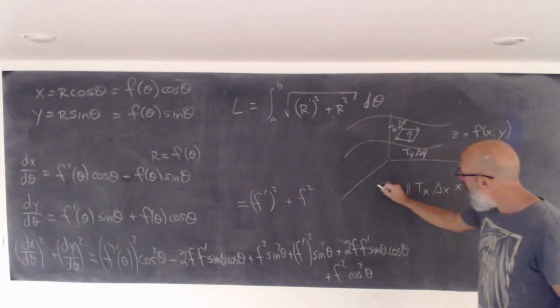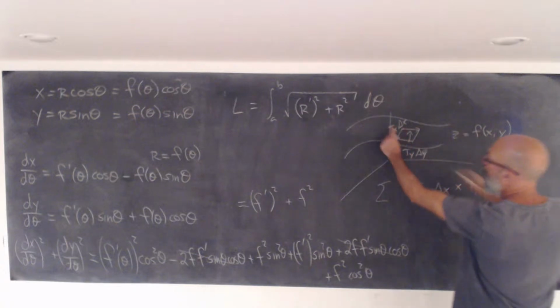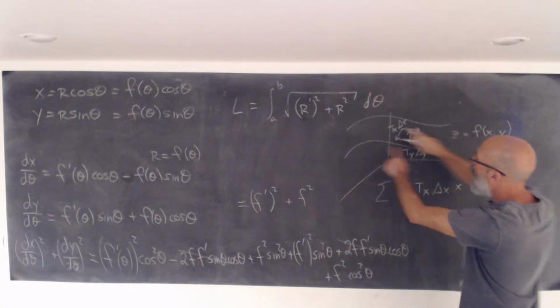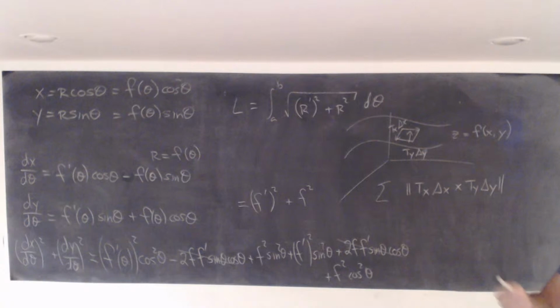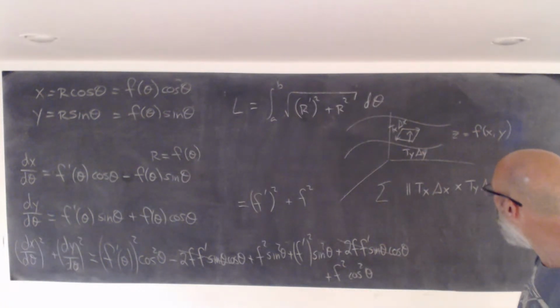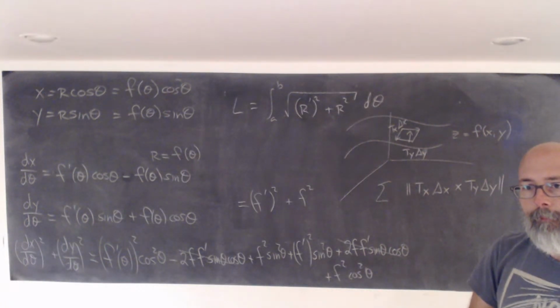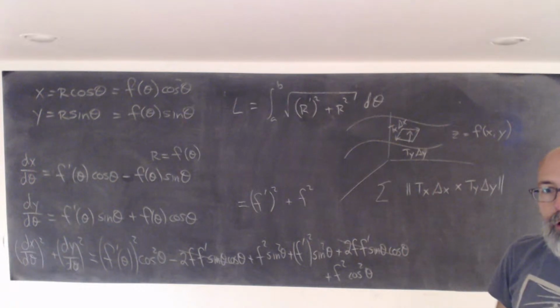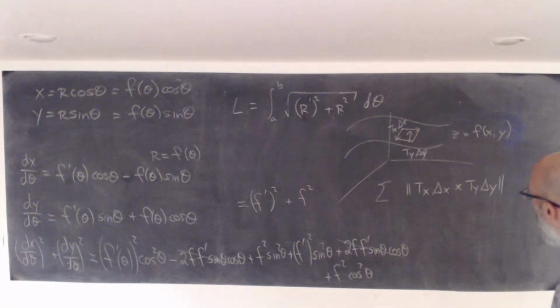And if you add all of these little parallelograms everywhere on your surface, it gives you an approximation to the surface area. And that's exactly the formula you get.